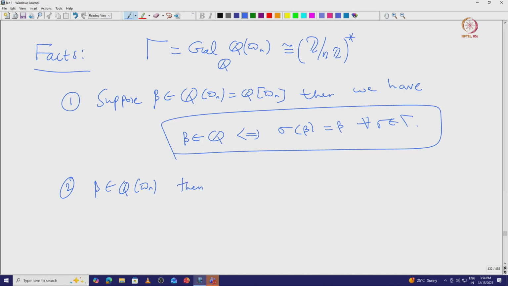Then we can at least immediately say that the sum of sigma beta, where sigma runs over gamma, and the product of sigma of beta, sigma from gamma, both are elements of Q, because both will be invariant under gamma. So, in particular these elements are guaranteed to be rational numbers.